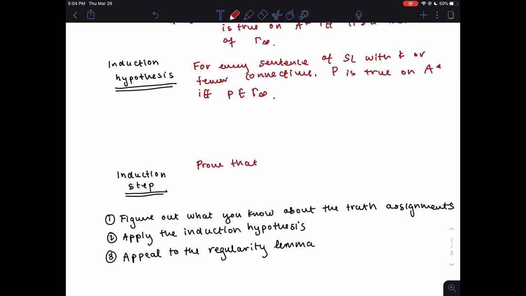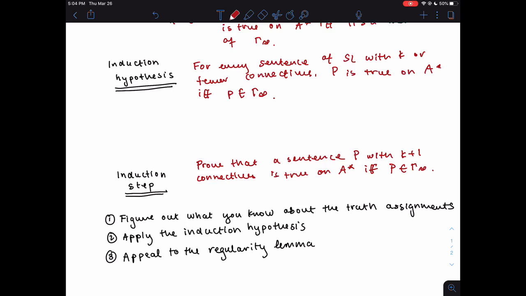So prove that a sentence of SL P with k plus 1 connectives is true on A star if and only if P is a member of gamma infinity. So there are 5 cases in the induction step because we need to do one case for each of the 5 logical connectives of SL.